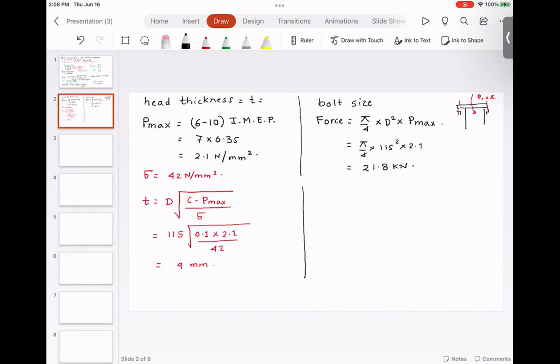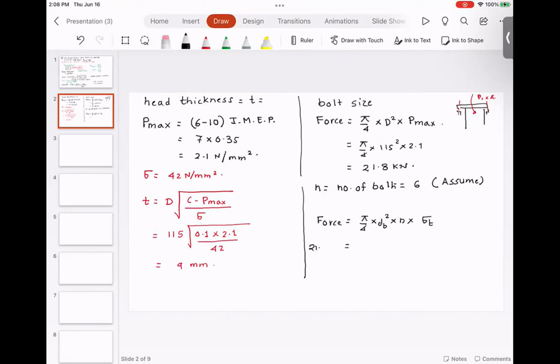Now I'm going to assume the number of bolts, and I'm going to assume 6. So force is equal to pi by 4 dB square multiplied by number of bolts multiplied by sigma t.